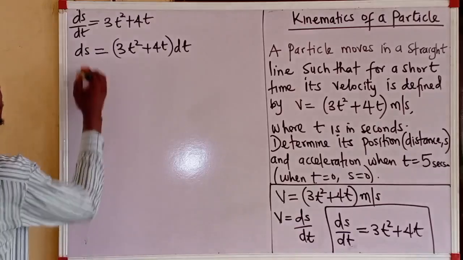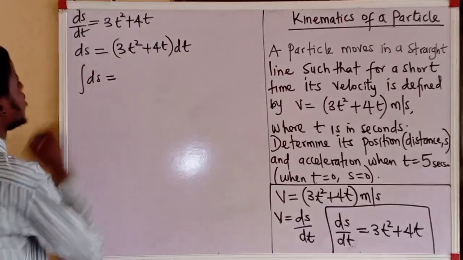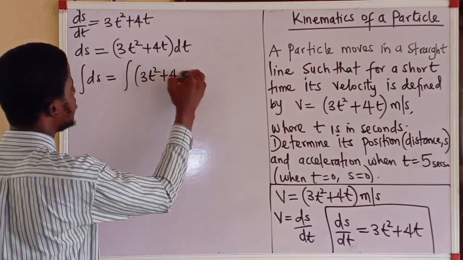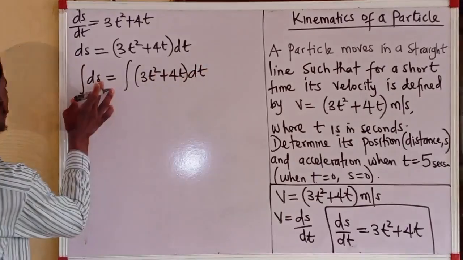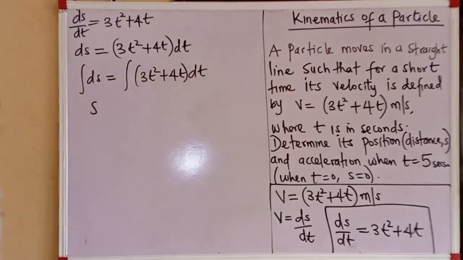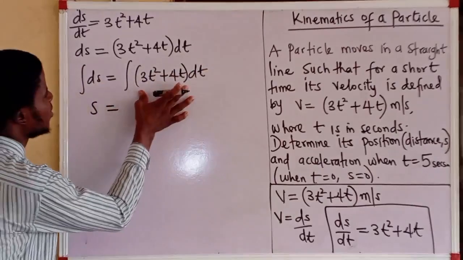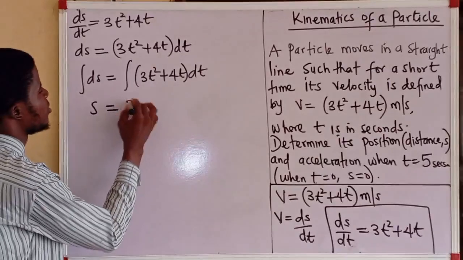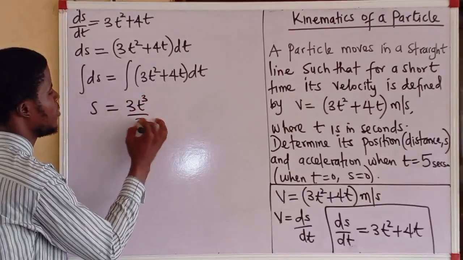I'll integrate both sides. So the integral of ds is equal to the integral of 3t squared plus 4t dt. The integral of ds is s. Now let's integrate this. Integrate 3t squared with respect to t. That's 3t cubed all over 3.